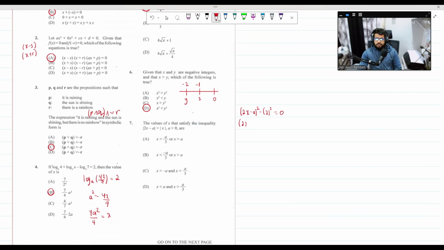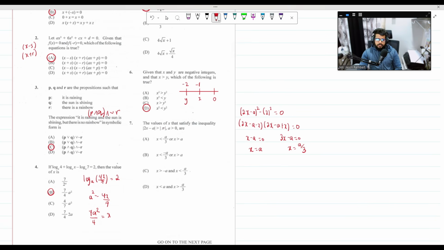I'm going to get 2x minus a minus x into 2x minus a plus x, difference of two squares. 2x minus x is x minus a is equal to 0, and x is equal to a. And I'm going to get 3x minus a is 0. X is equal to positive a over 3.